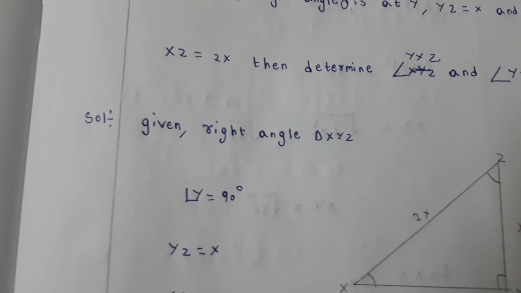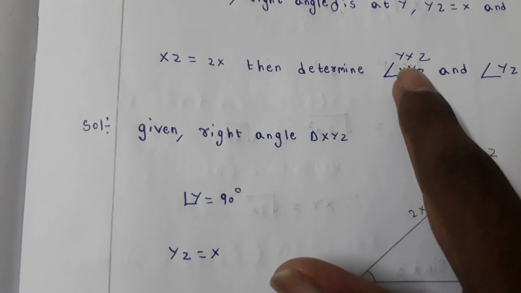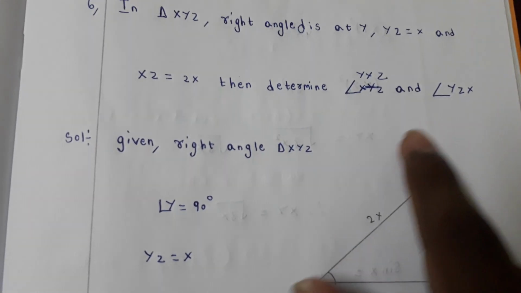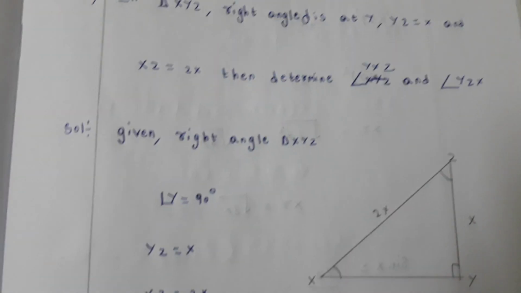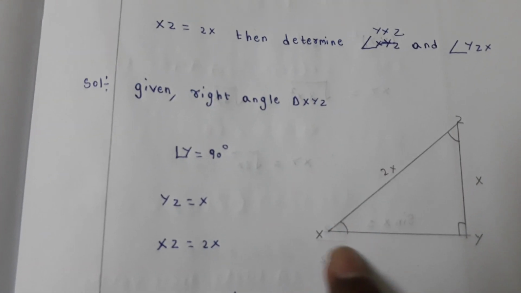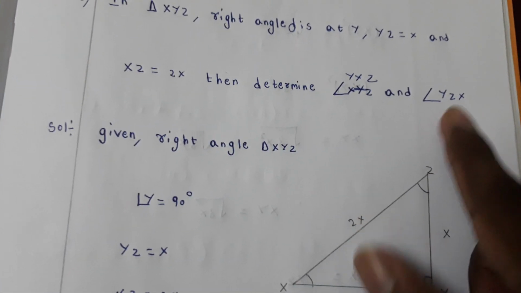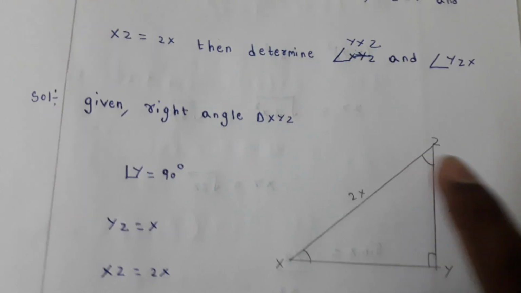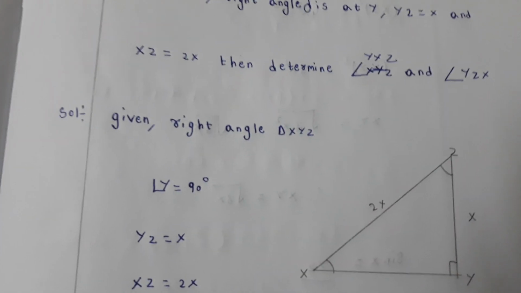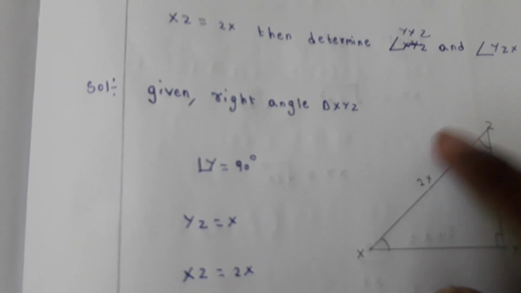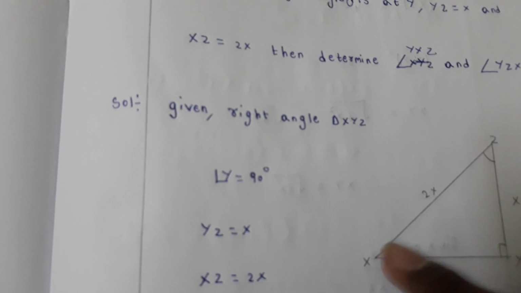Now let us determine YXZ and YZX. YXZ means the angle is at X, and angle YZX means the angle is at Z. To determine this, you can take sine or cos or tan or cot, anything.